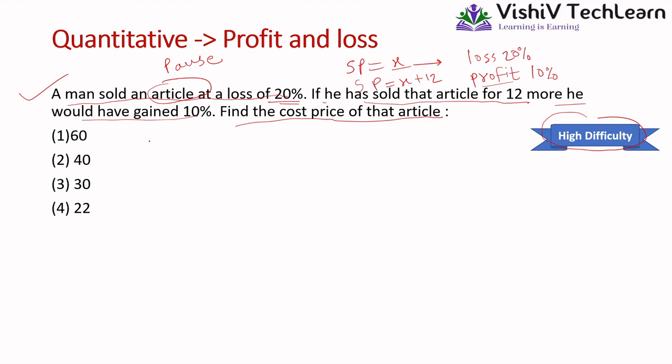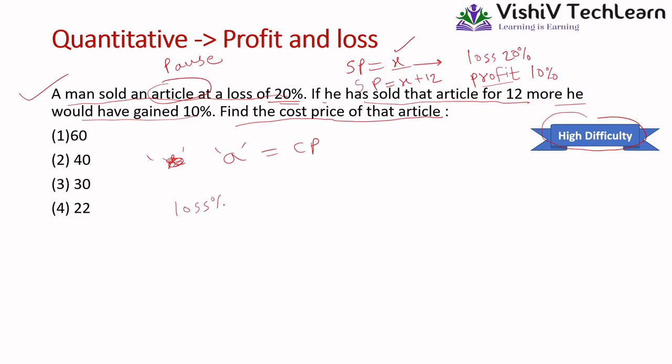Now let's assume that the cost of the article is X. Since we have to find it out, or instead of X we will take it, let's say A, since X we already have used here. Let's consider that cost price is A. Okay, now we have the formulas for loss percent and profit percent.